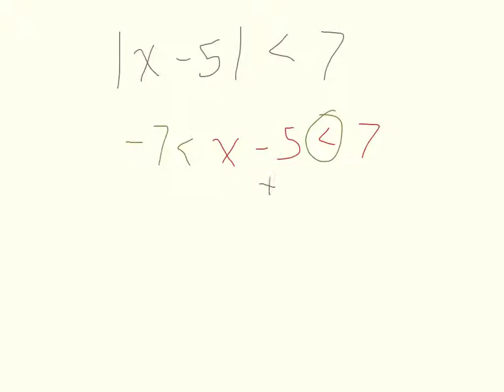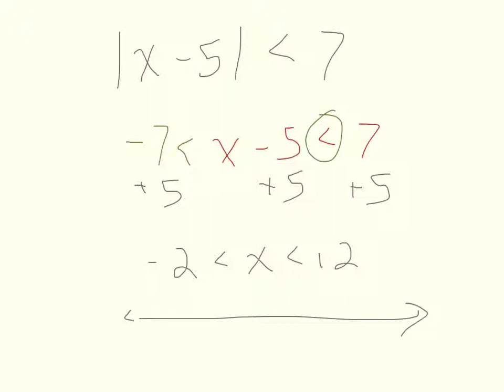So I'm going to add 5, add 5, add 5. That's going to give me negative 2 is less than x, which is less than 12. And on a number line, I would graph my inequality, 0, negative 2, positive 12, open circle at both of those values, and I would shade in between them because x is in between negative 2 and positive 12.